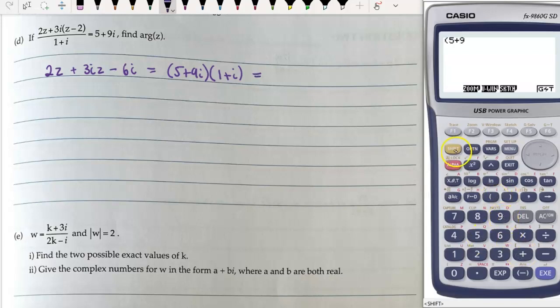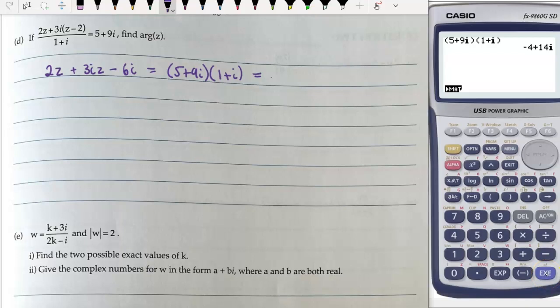5 plus 9i times by 1 plus i is going to get us minus 4 plus 14i. Now let's take this 6i over. We'll have, and actually I'm going to factorize out the z as well at the same time.